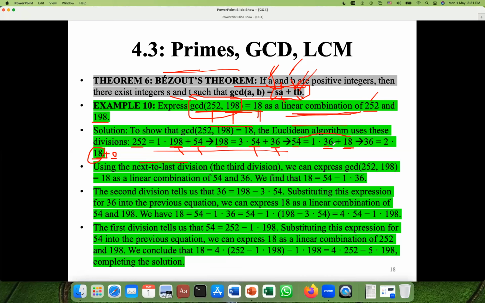Using this step. Why are we using this step? Because here we can move this 1 times 36 to the left hand side, and it would become 54 minus 1 times 36 is equal to 18. Then you have to put that thing in the next step, and then in the next step. We will see.